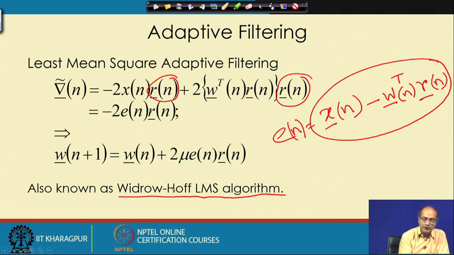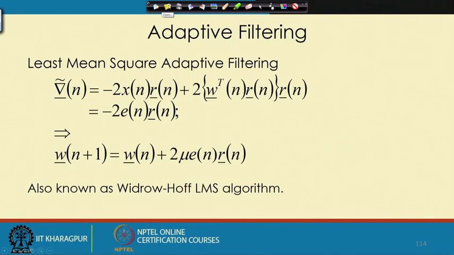This simple equation we can use to update the weights, and as we keep on updating the weights, it will keep changing and latch on to the process. If the process is changing because the signals are non-stationary, it will respond to that change, and by updating the weights it will always try to remain an optimal filter.